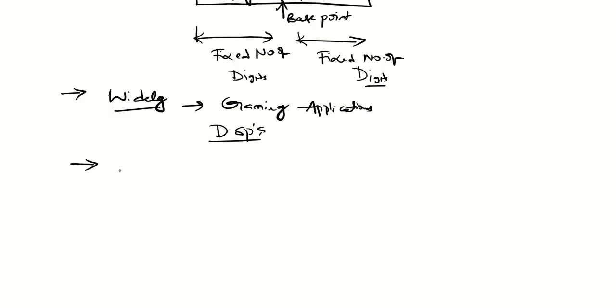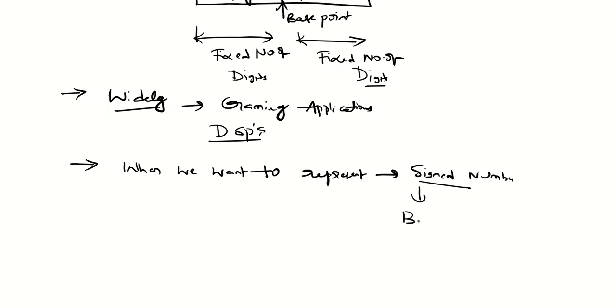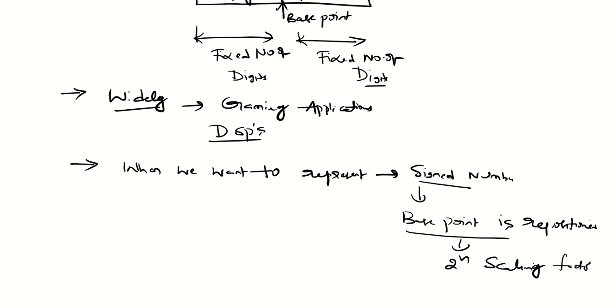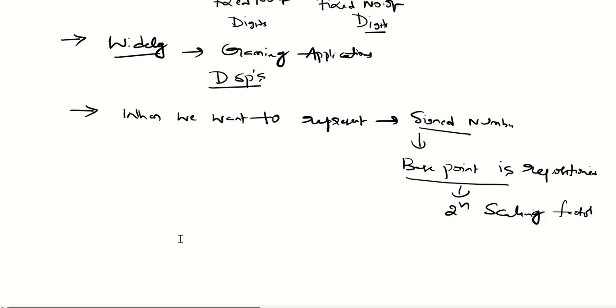It depends on how you represent the numbers, for example as a signed number system, meaning numbers having both positive and negative values. If you want to represent signed numbers in computer memory, then this base point is repositioned, meaning the position changes, with a 2 power n scaling factor. This 2 power n decides the value of the number in real terms.